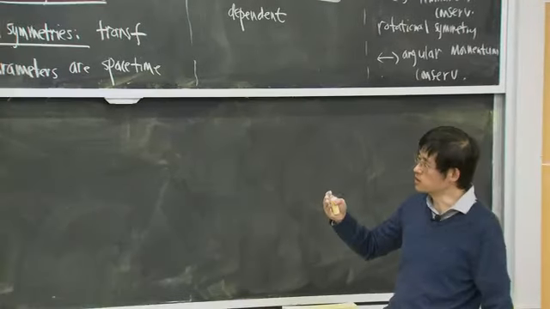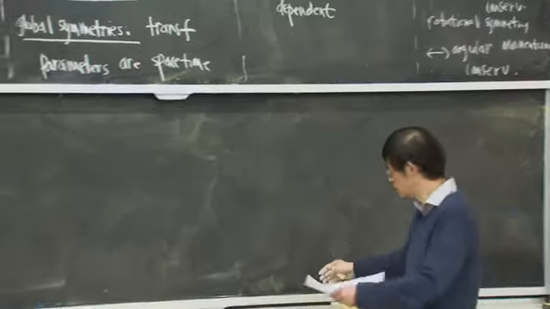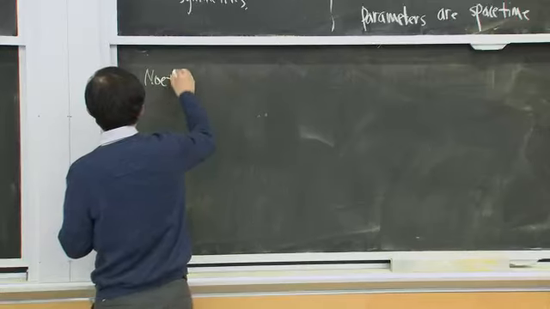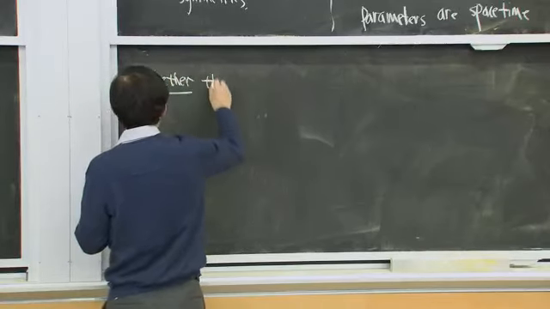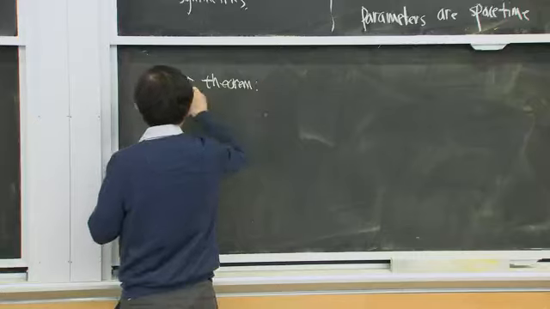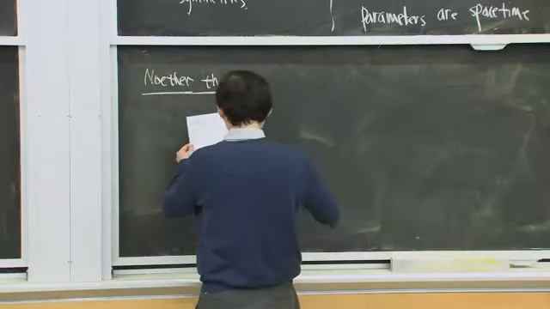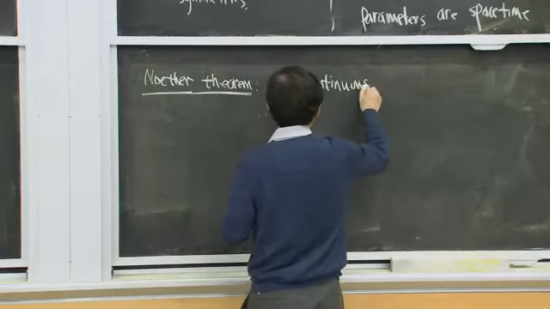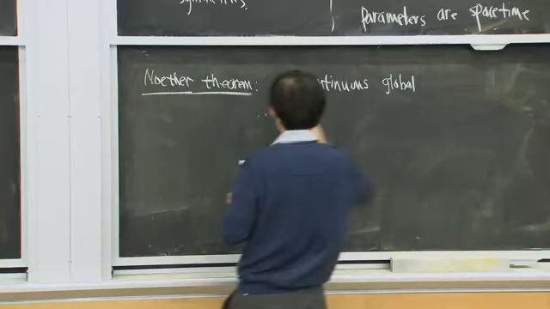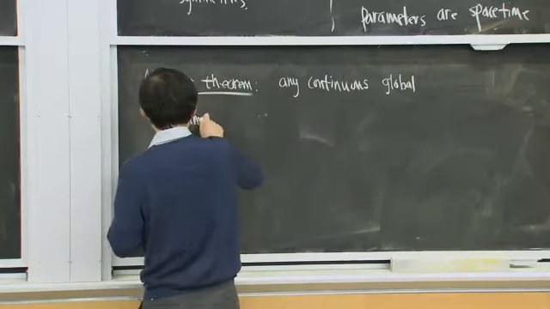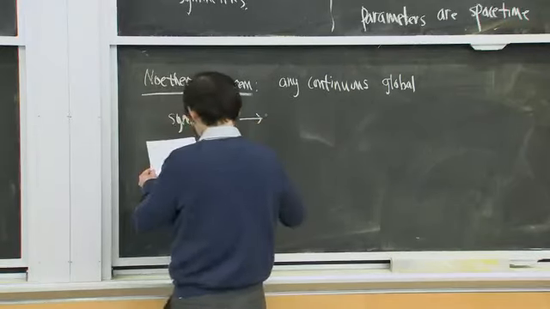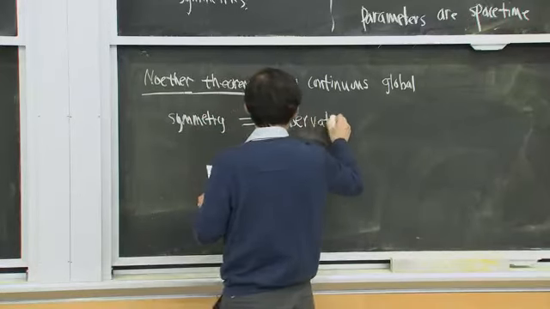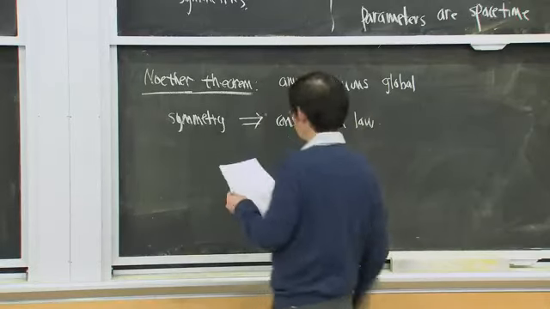But in classical field theory, this can be generalized. Okay, so here there's the Noether theorem, first discovered by Noether. It says any continuous global symmetry leads to a conservation law.